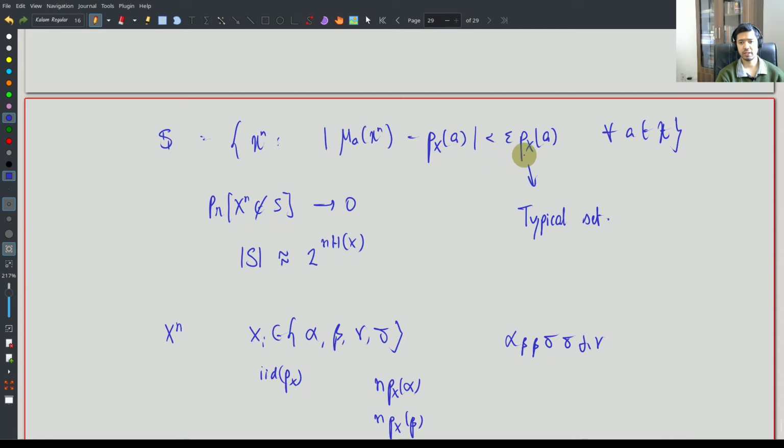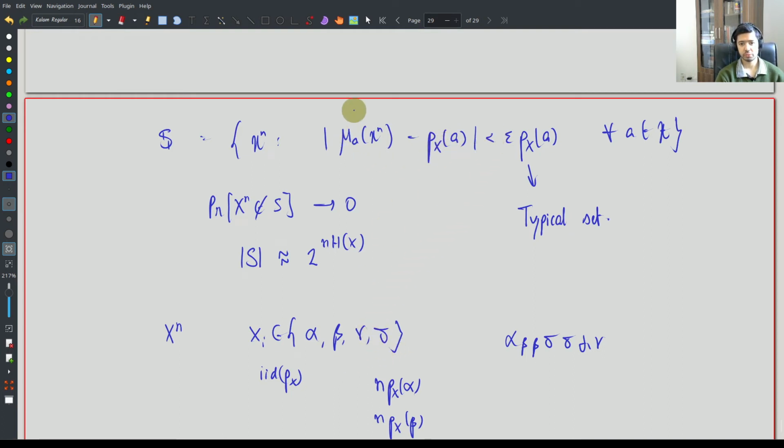And that is exactly what this is saying. You look at all those sequences for which the fraction of times alpha occurs is close to the probability of alpha, the fraction of times beta occurs is close to the probability of beta, the fraction of times gamma occurs is close to the probability of gamma, and the same for delta.